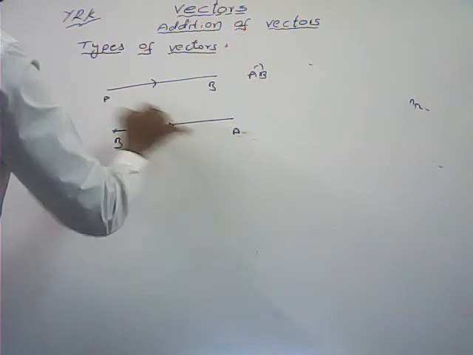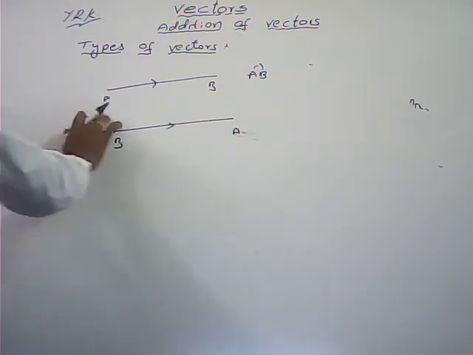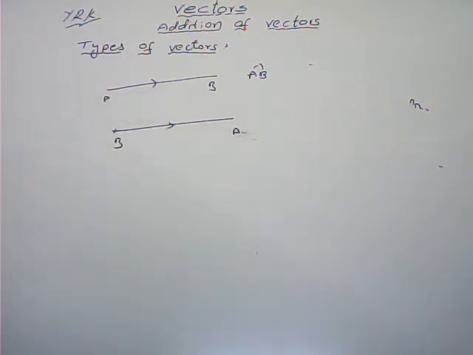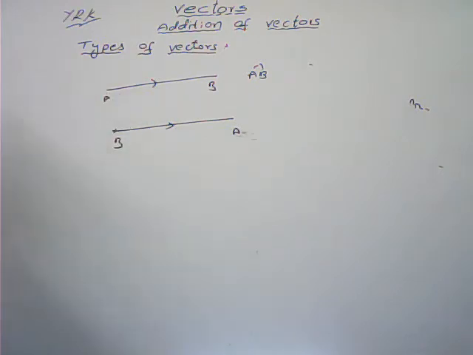Magnitude is the same, but opposite in direction. This is AB bar, this is BA bar. Both are parallel, opposite in direction, and both the magnitudes are the same.